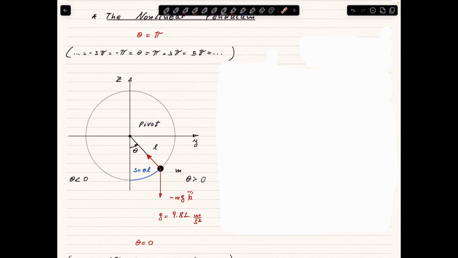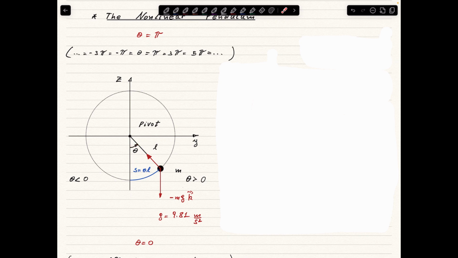So that is one little problem that we have with the pendulum: if we take a picture of the pendulum, we don't know what the angle is. We know the angle only up to multiples of 2 pi.